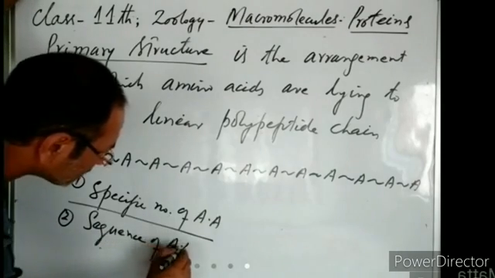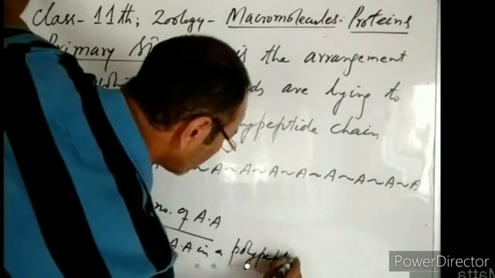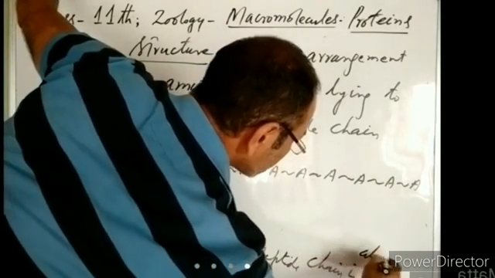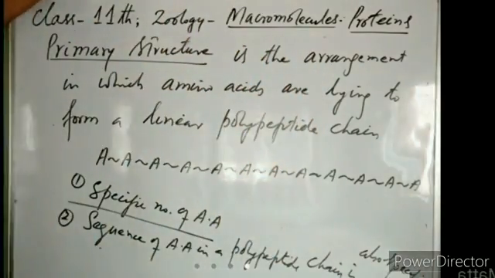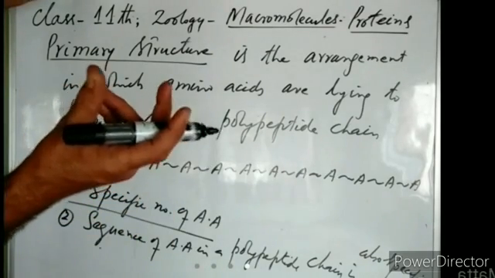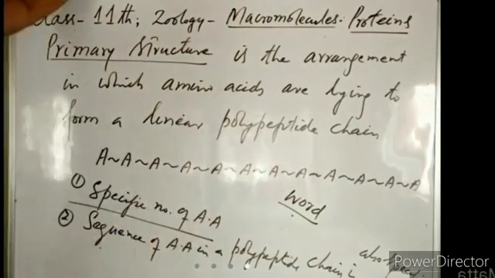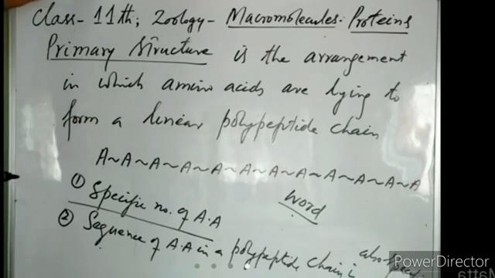The sequence of amino acids in a polypeptide chain is also specific. As I mentioned earlier, the spelling of the word WORD has four letters: W-O-R and D. If I change the sequence of these letters, will it remain the same word?